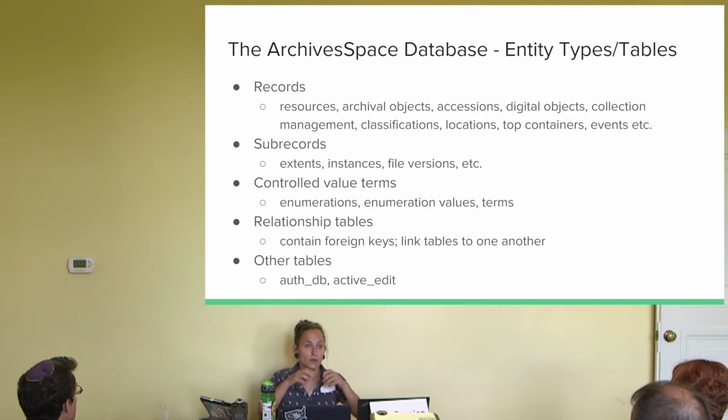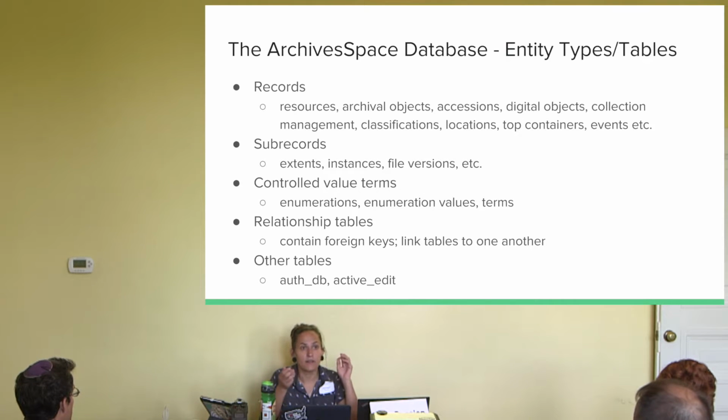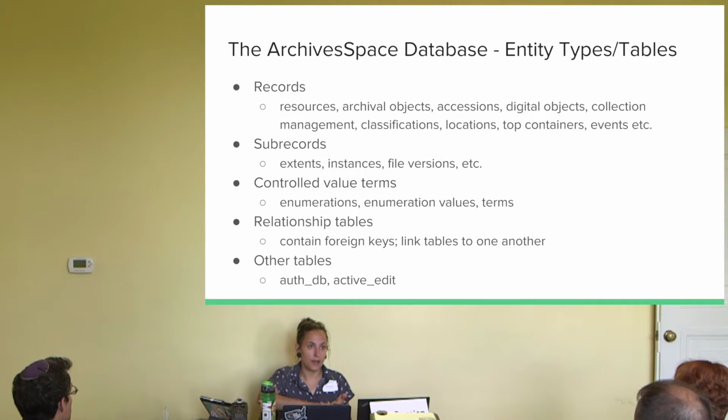So a lot of the levels, like series, subseries, file, etc., and extent types and various other controlled lists that you have in the database are stored in this table, and then you join them to the tables that you are querying to actually get those in a text form.